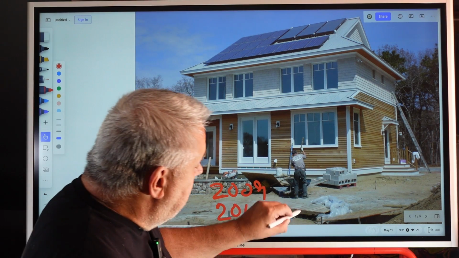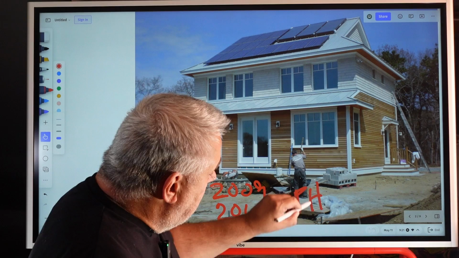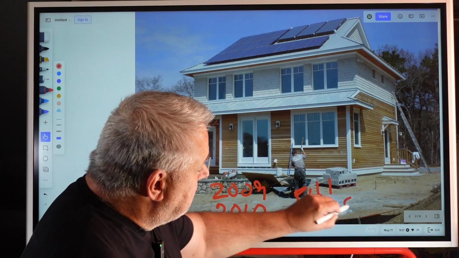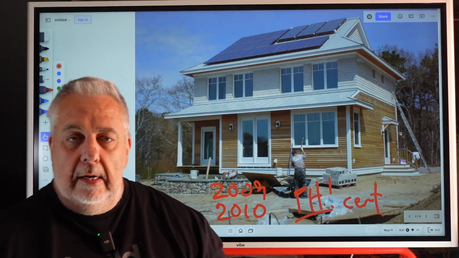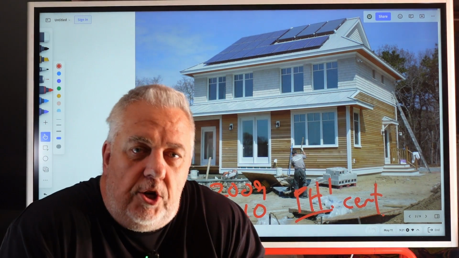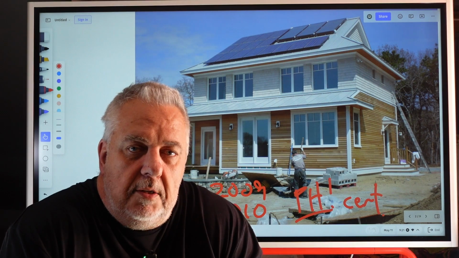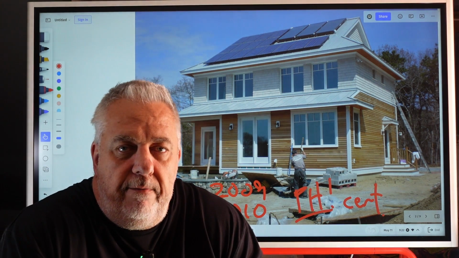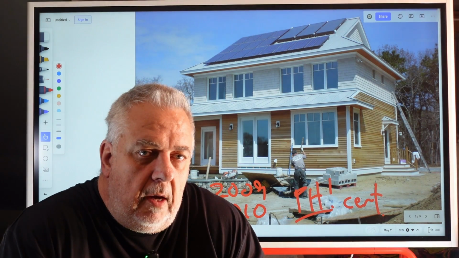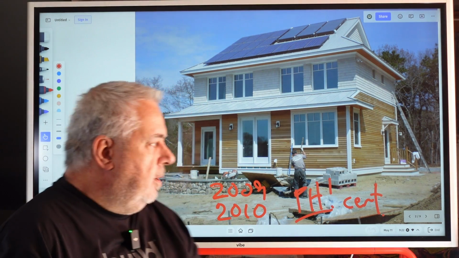And yes, it is a passive house and it's certified. I think it was like 5th in the nation when it got certified. So it was definitely one of the very, very first passive houses that we put in America.